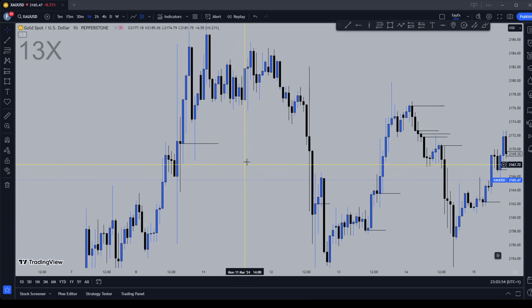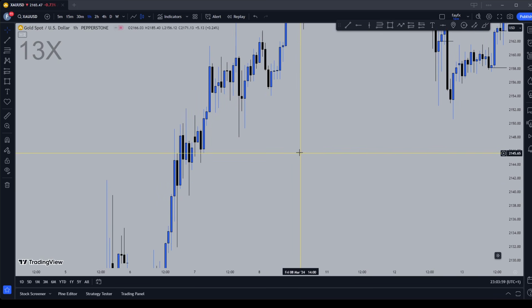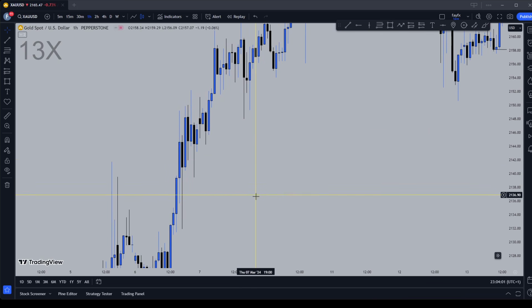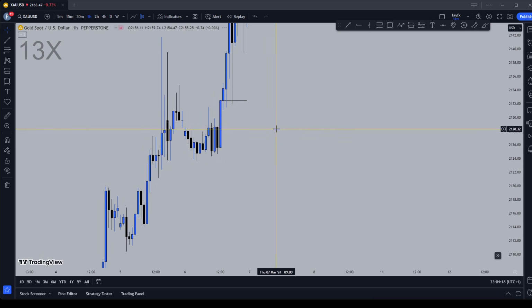Don't look at it for now. CC, we call it a gap CC. After the creation of this gap, the following candle came down, touched that level, and went all the way.